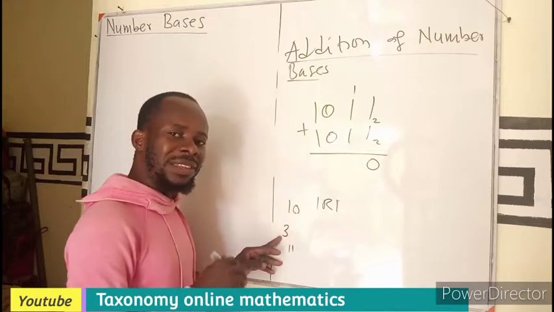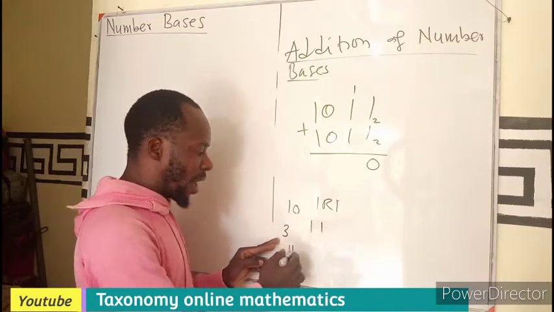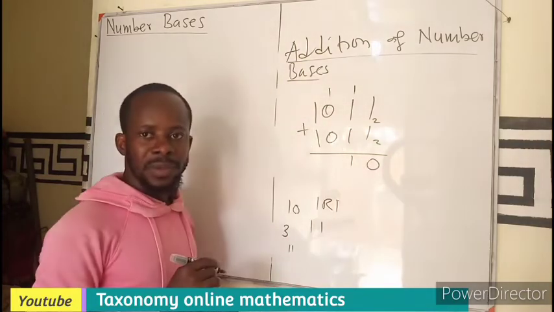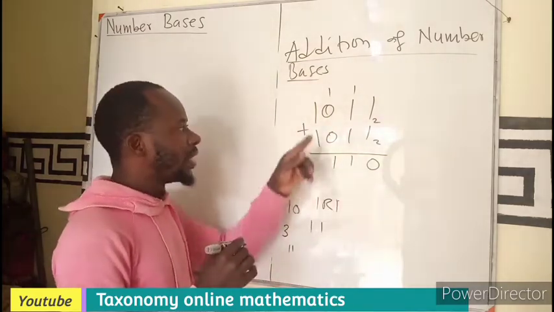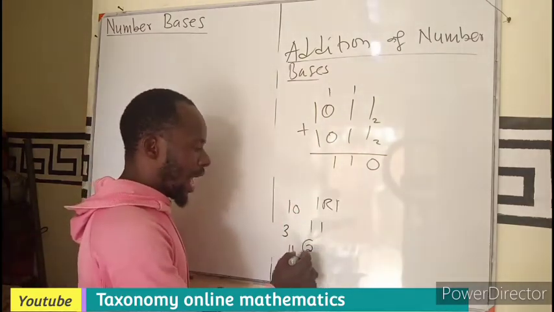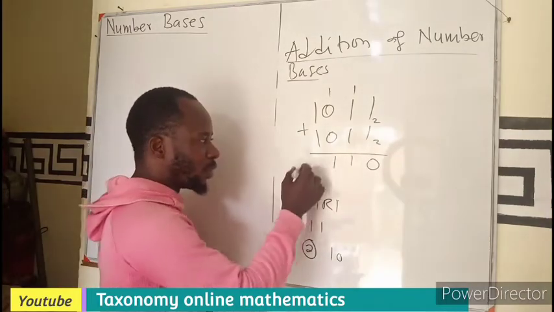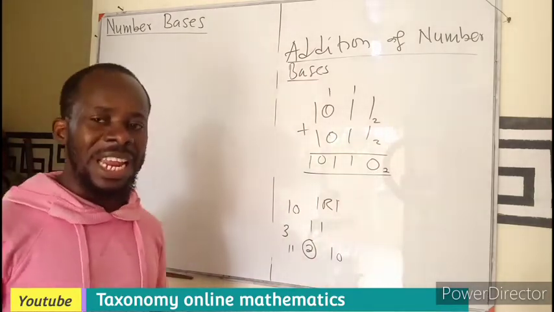Or subtract 2 from 3. You will get 1 remainder 1. And that is 11. So 1 remainder 1. 1 plus this will still give us 1. This will give us 2. And how many groups of 2 can we get there? We get 1, remainder 0. So we have 1, 0, indicate the base, then we are there.